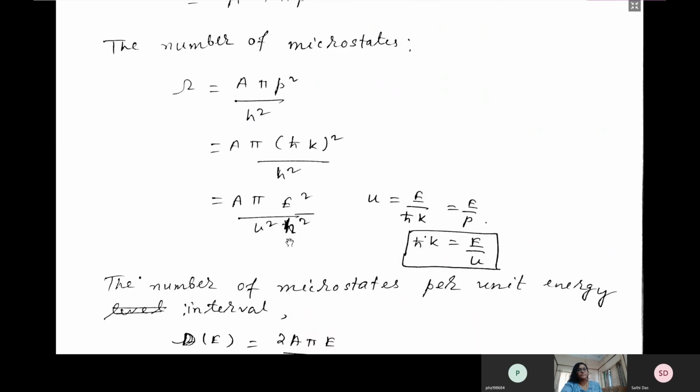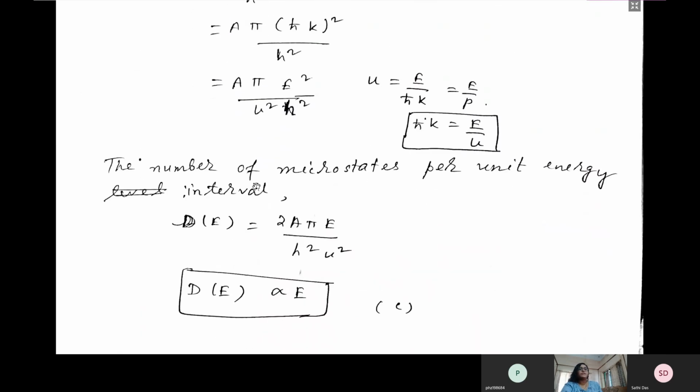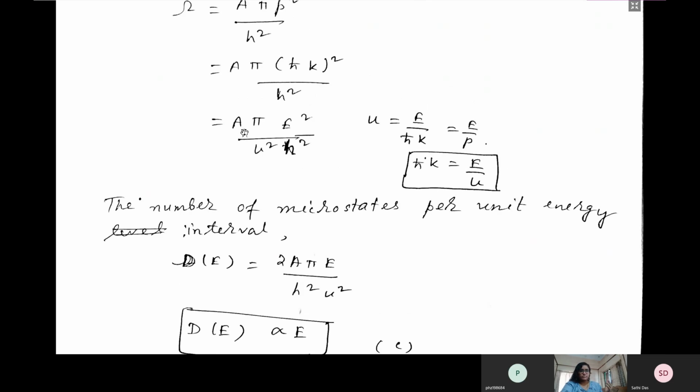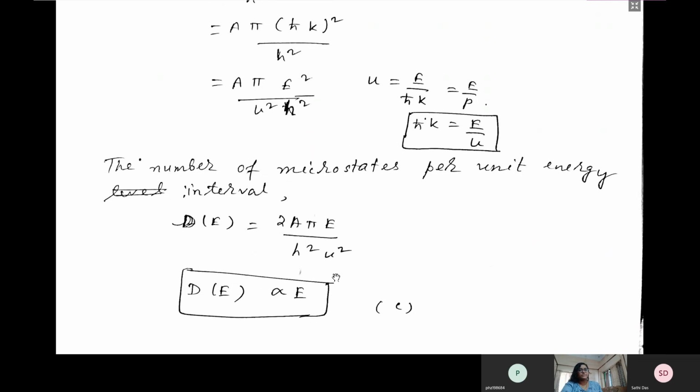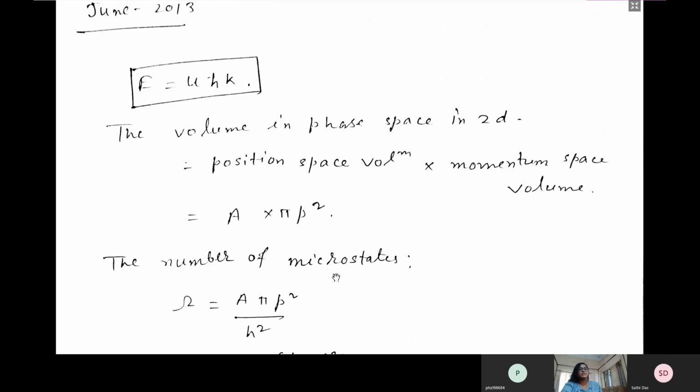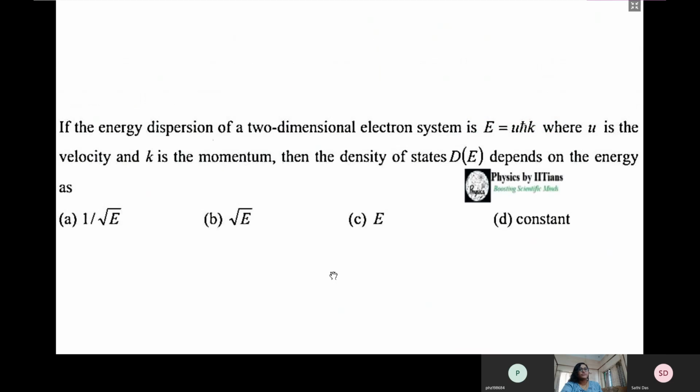That's all. So the number of microstates per unit interval, that is dE, is A pi E square by u square h square divided by E. So it will become A pi E by u square h square, or it is proportional to A pi E by h square u square, that is, proportional to E. Okay, so this is for electrons.